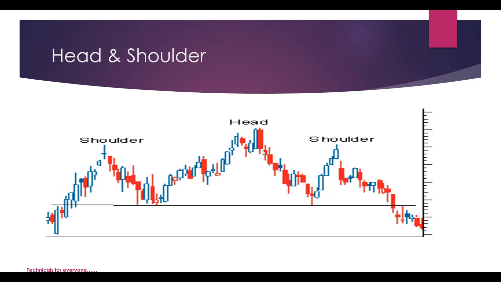Now you see the second shoulder is formed, and here it is showing two shoulders and one head which has been formed. When you actually see it on the charts it will look completely different, so you need to start identifying this.